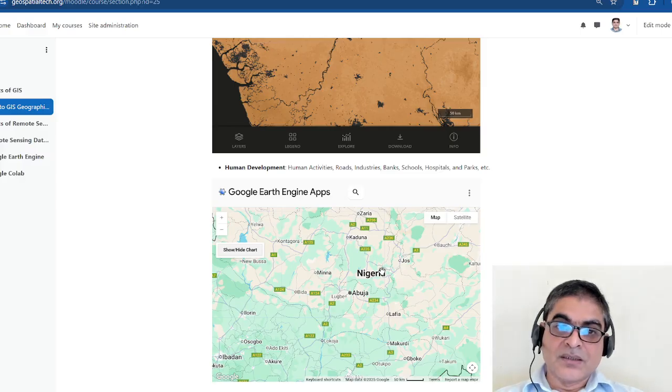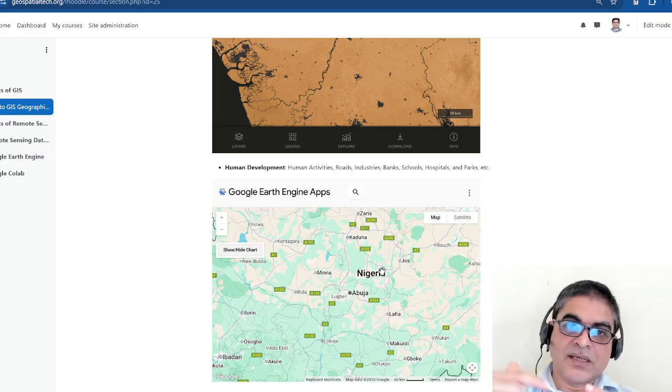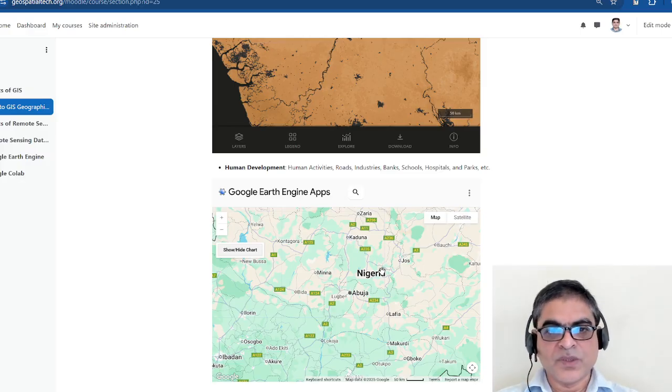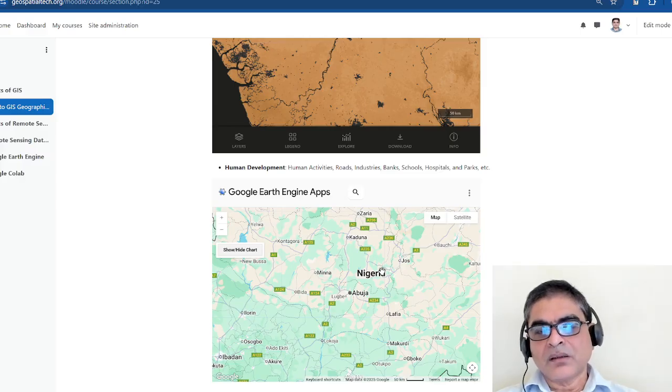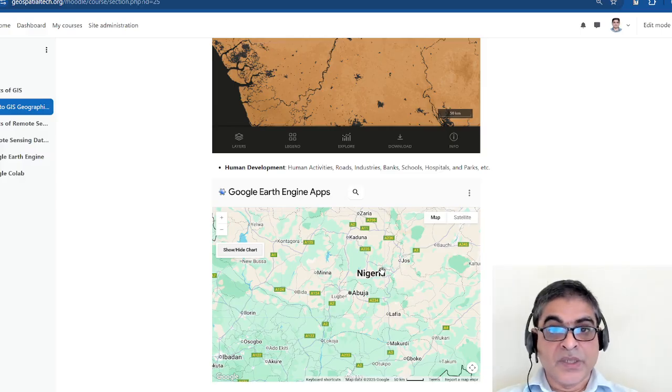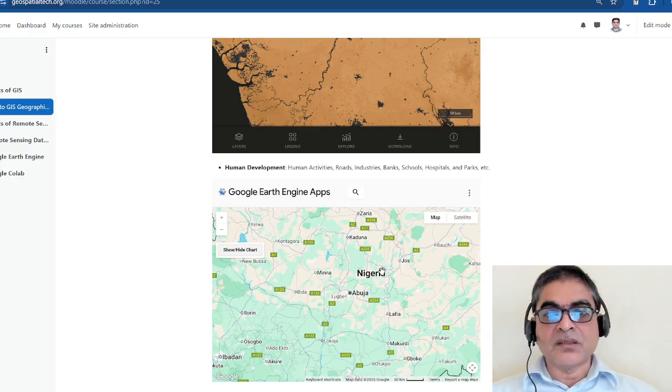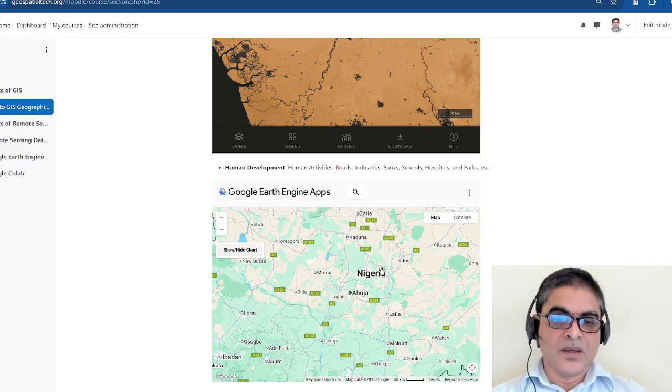This light is detected by the satellite, and the satellite gives you images, and you can see that where there is light, there is human settlement or other human activity, maybe a factory, some industry, or maybe a ship. Where light is more, development is more, and where light is less, there is less development or less infrastructure.